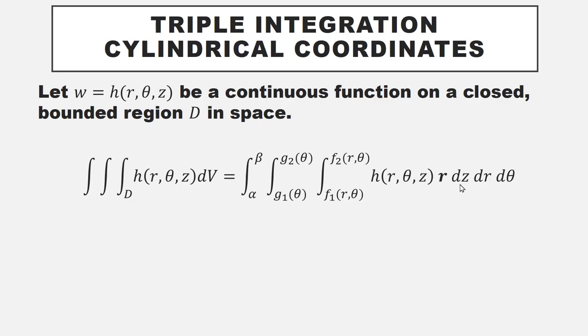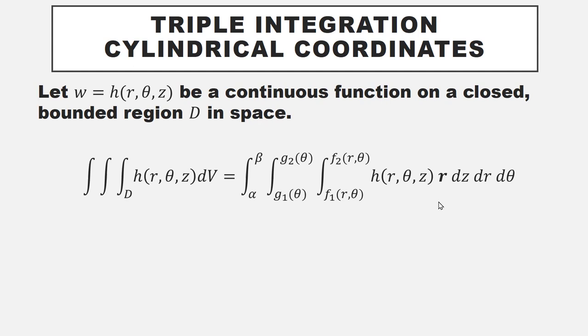Now the order of the integration, whether it's z, then r, then theta, we can flip those around sometimes depending on what our functions are. If our functions go from z equals this to z equals that, and then r equals this to r equals that, and then theta equals this to theta equals that, then we integrate with respect to z, with respect to r, with respect to theta.